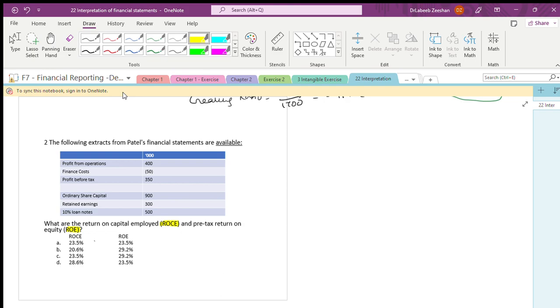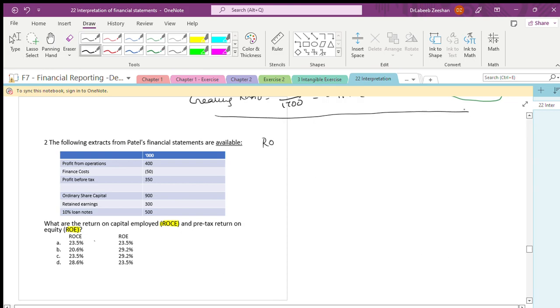What is the formula for return on capital employed? ROCE is PBIT, profit before interest and tax, divided by capital employed.